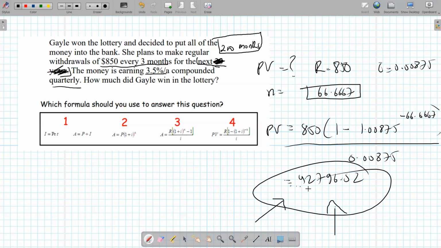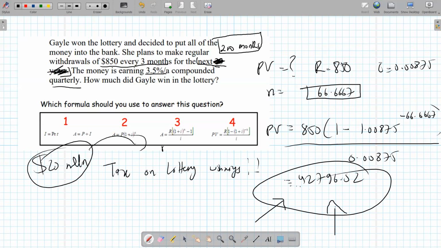So decent chunk. Here's something about lottery, which is good in Canada, which is not good in the US. In Canada, you don't pay tax on lottery winnings. What does that mean? If they advertise something for 20 million, you win this, 20 million in your bank. Keep all of it? You keep all of it.